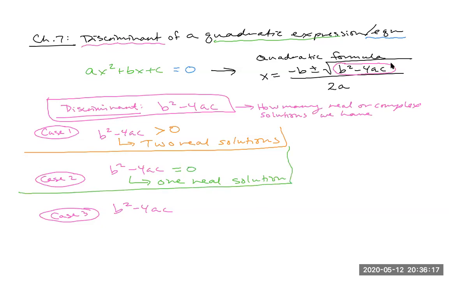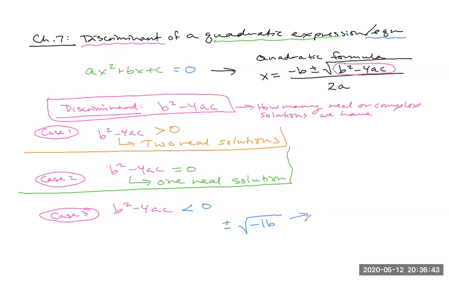You can probably guess what the last case is going to be in terms of the relationship to the discriminant and 0. When the discriminant is less than 0, then you'll get a negative number inside the radical. So suppose you have a negative 16, and then you're taking that square root with a plus minus in front from the quadratic formula.